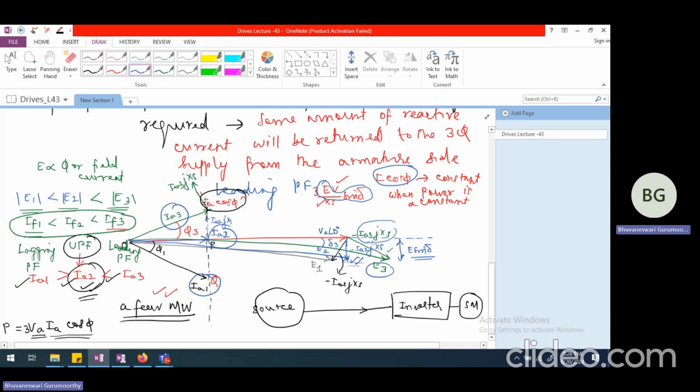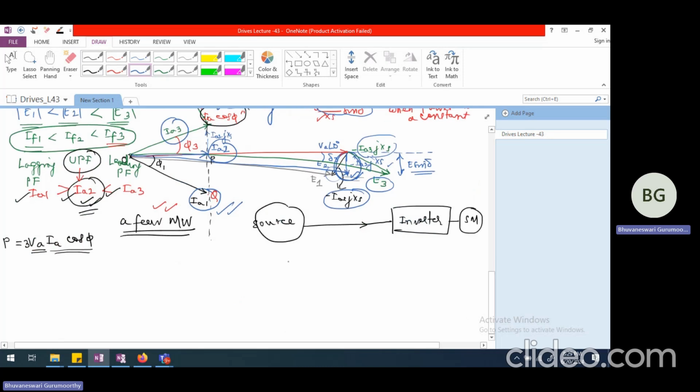And this black color vector, what we saw, corresponds to I_a1 j X_s, which is the lagging power factor condition. In all the three cases, E times sine delta is equal to this particular vector itself. So E sine delta happens to be a constant, or I cos phi happens to be a constant, when you are talking about constant power condition.